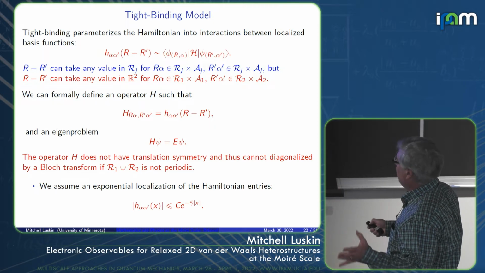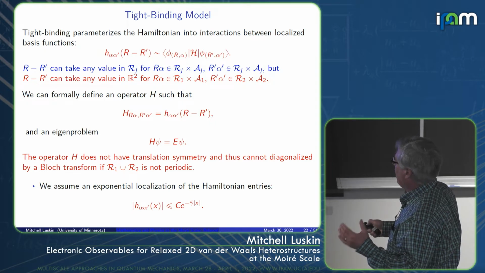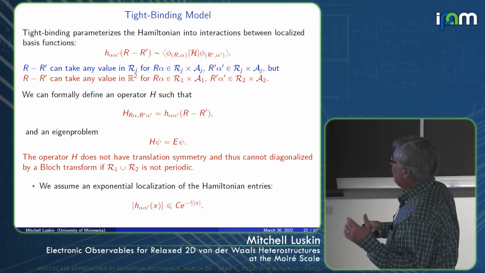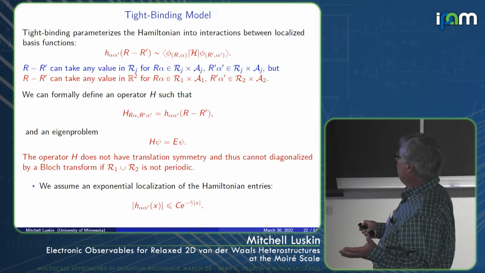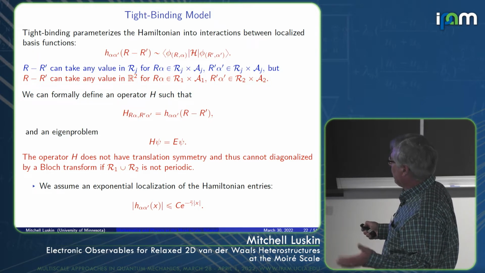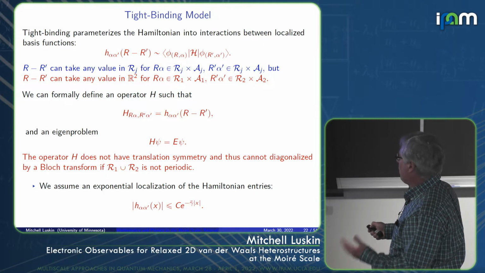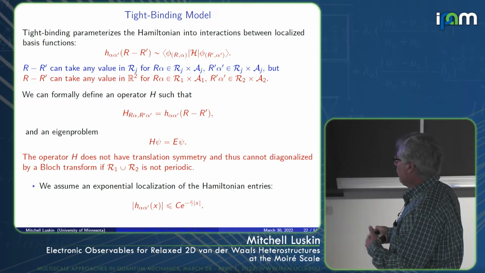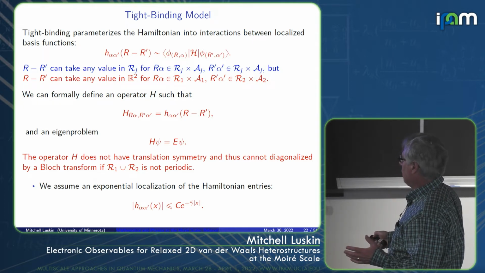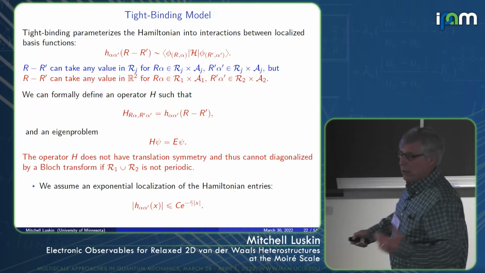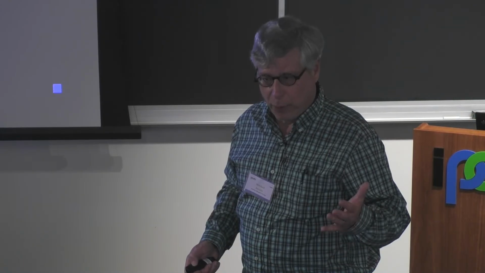For each single layer, r minus r prime just takes values in the lattice, but in an incommensurate system, r minus r prime can take any real value. We define our Hamiltonian operator through the hopping functions, which generates an eigenvalue problem. The problem is we can't use Bloch transform because we no longer have a periodic problem.